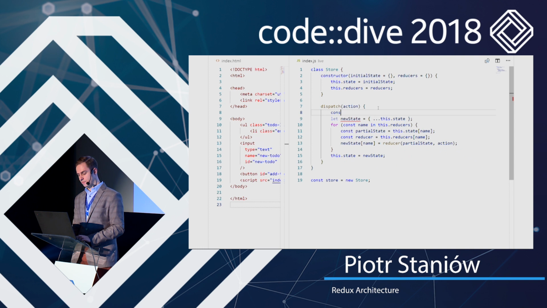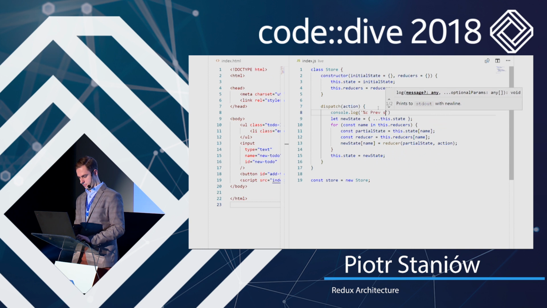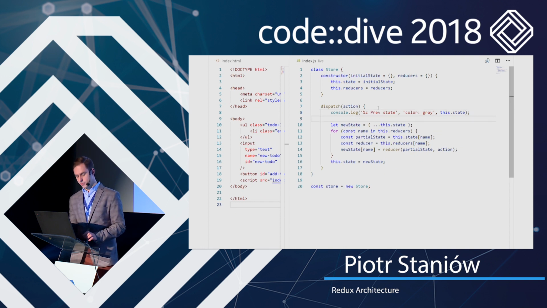Okay, so whenever this function is called, let's see what's the current application state, what's the action, and what's the new state. So this state represents our current application state.